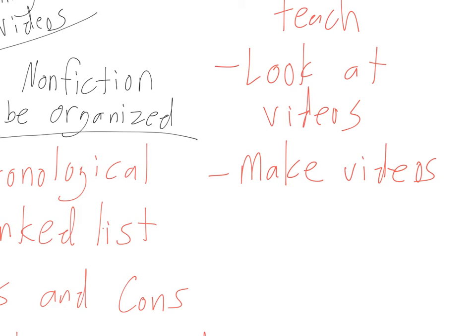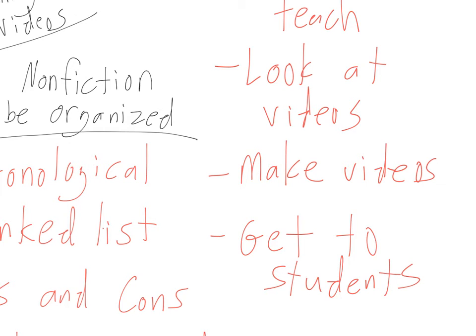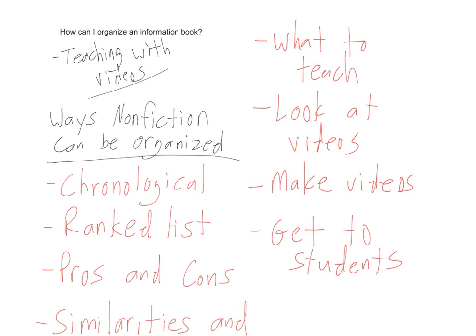So how would you get the videos to kids? But I'm writing a book, so I would use the word students instead of kids, a little more formal there. And so that would be an example of maybe 4 chapters I could write about teaching with videos, looking at it from a chronological standpoint.